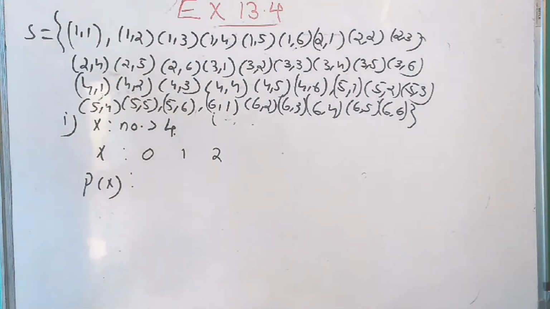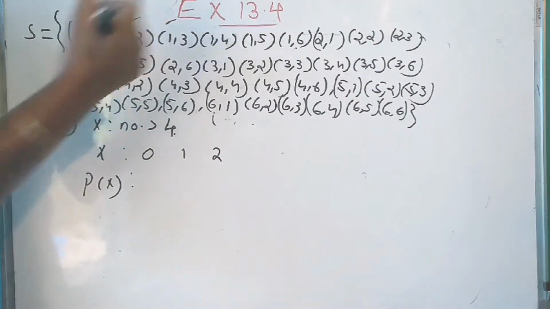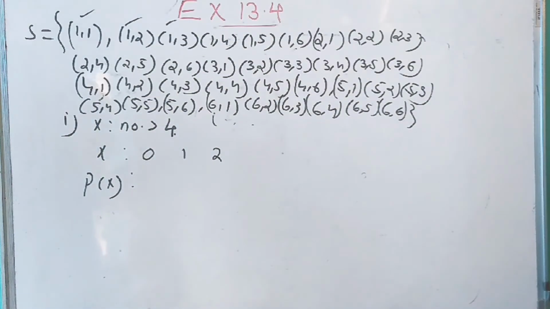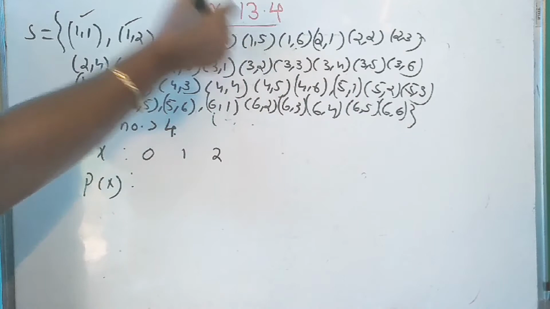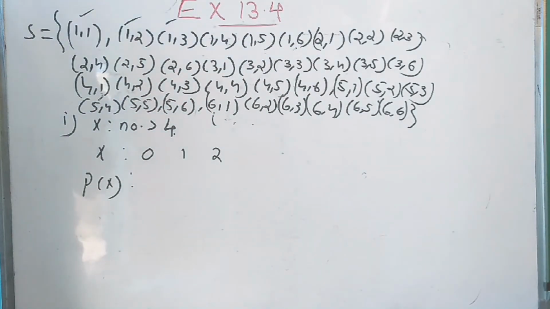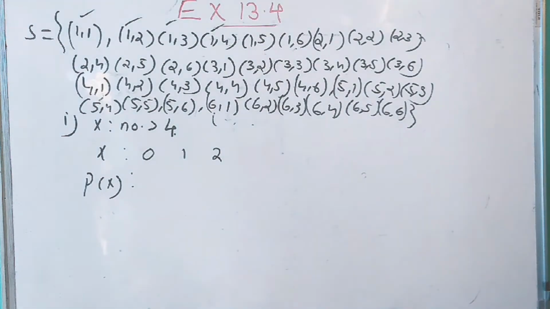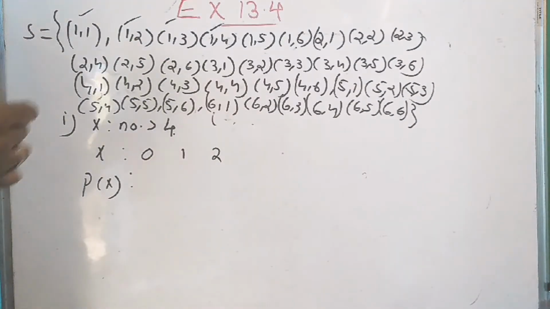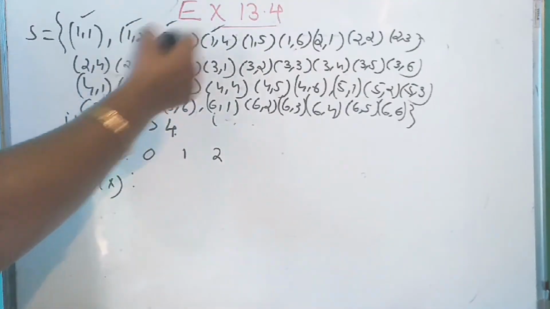Now for 0: no number greater than 4. How many outcomes are there? 1 1, 1 2, 1 3, 1 4. Is 1 5 possible? No, because 5 is greater than 4. So 1 5 and 1 6 are not possible.